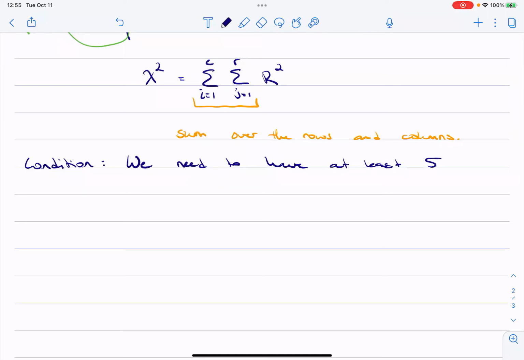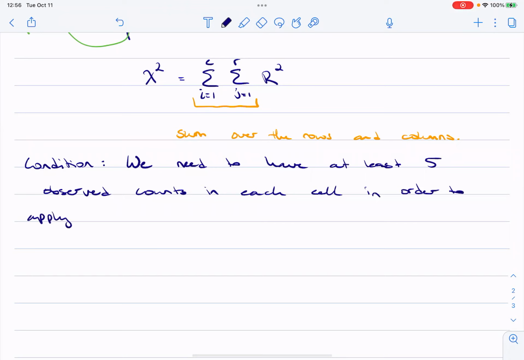Observed successes. I'm sure you guys were like, no, I don't want to. We need to have at least 5 observed counts in each cell in order to use the chi-square distribution.